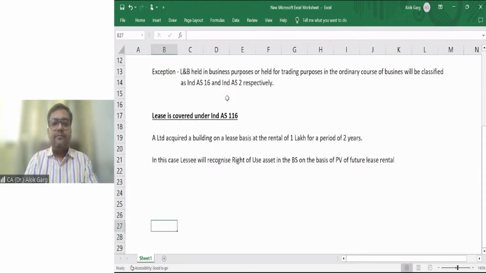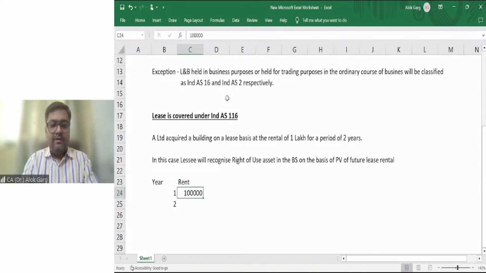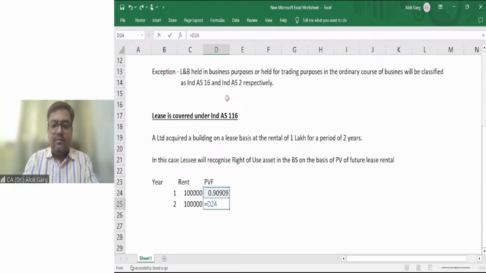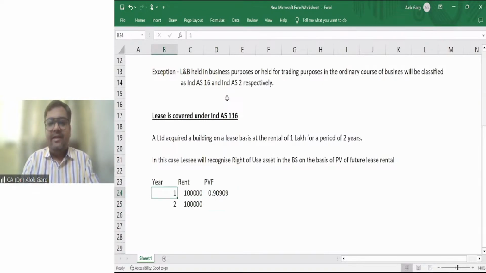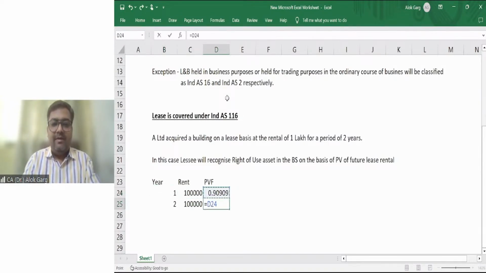Like here, year 1, 2. For example, what is the rent? Rent in this case is 1 lakh and 1 lakh. Present value factor, let's say considering the discount rate of 10%, right? Assuming that this rental is paid at the end of the year, it is 1 divided by 1.1, and 1 divided by 1.1 squared.